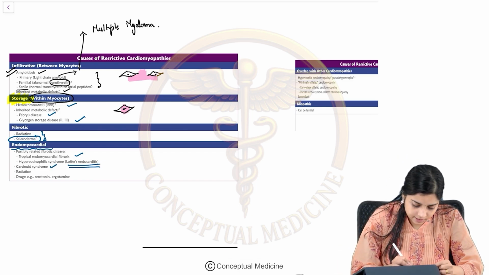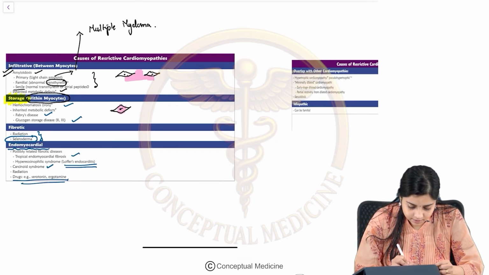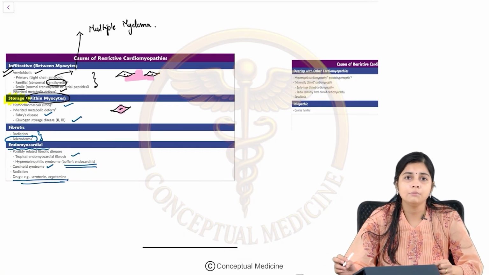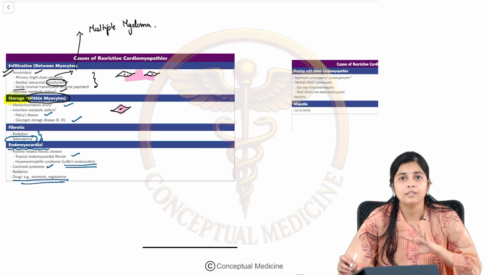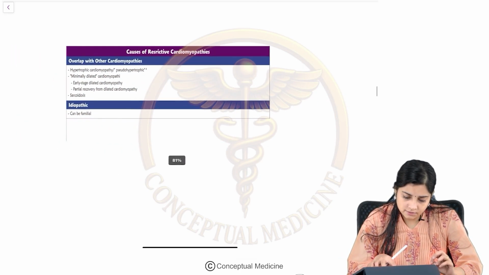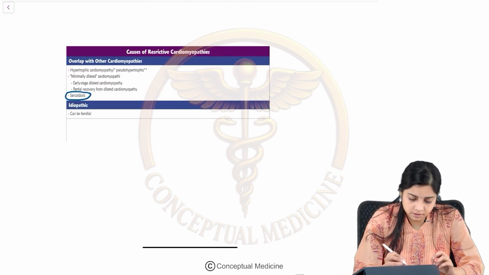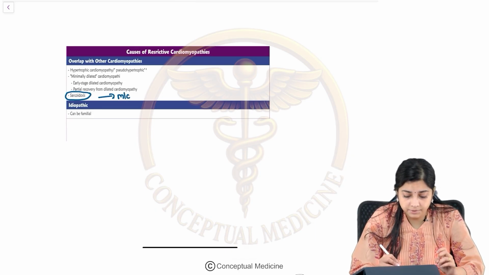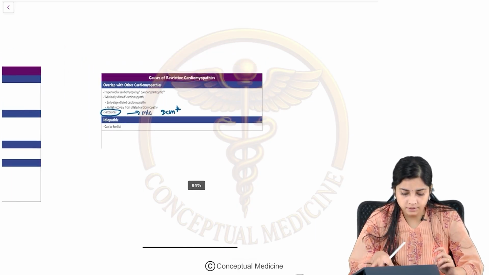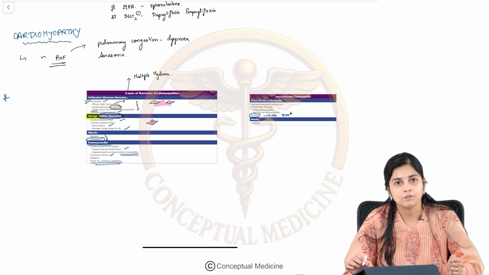Then it can be associated with carcinoid syndrome, and drugs which cause fibrosis, like serotonin and ergotamine, are also associated with endomyocardial fibrosis. Now, certain other causes of restrictive cardiomyopathy include sarcoidosis, but the most common cardiac presentation of sarcoidosis is actually a DCM. Okay, so this is about the etiology of restrictive cardiomyopathy.